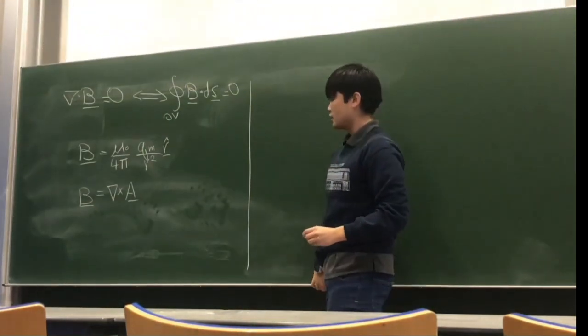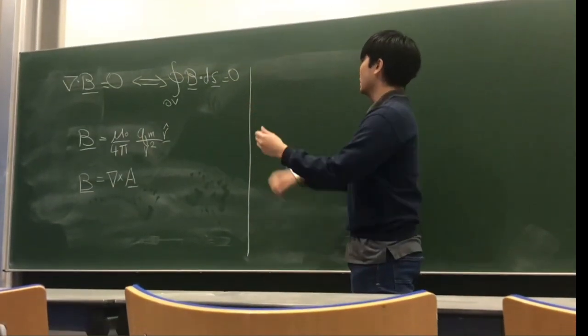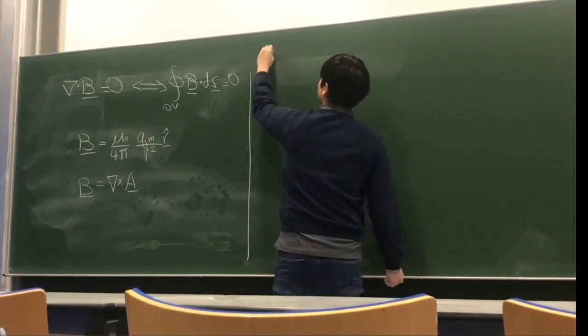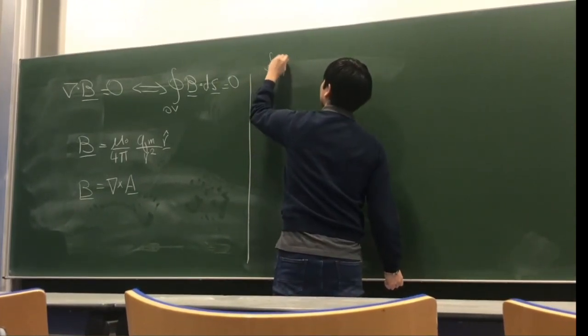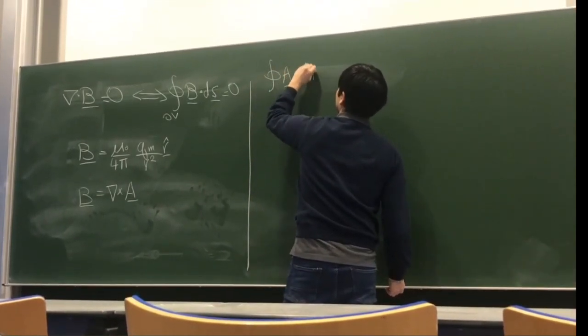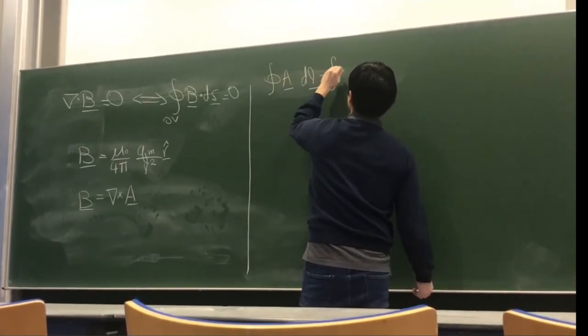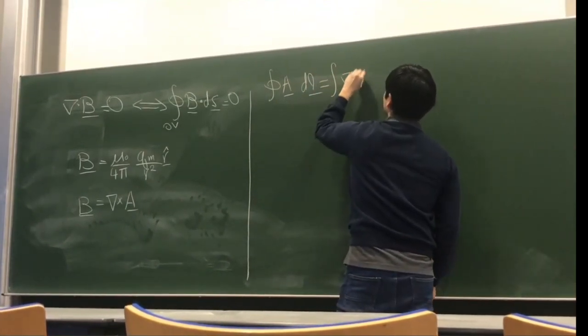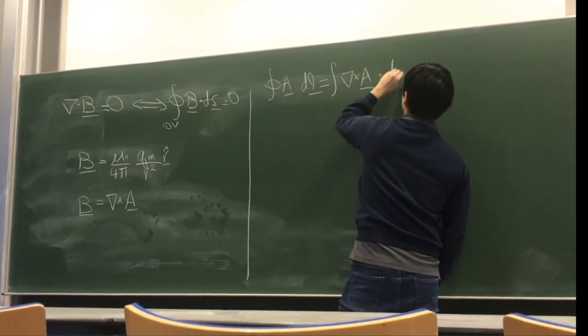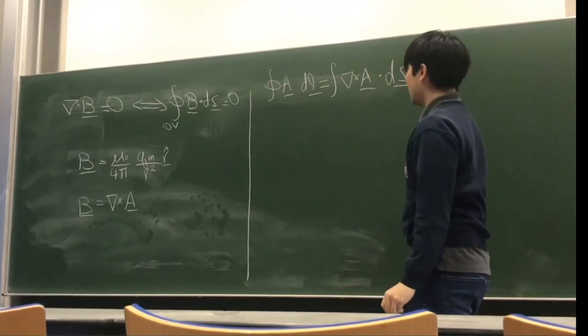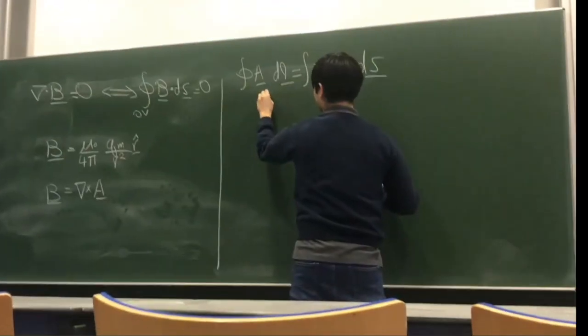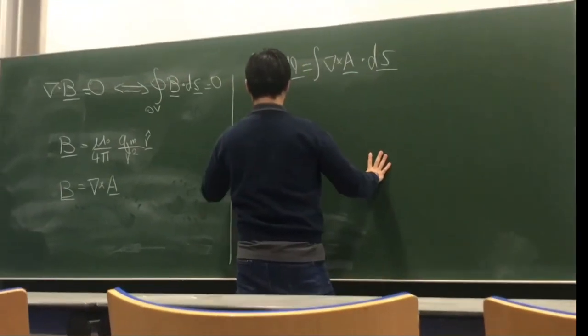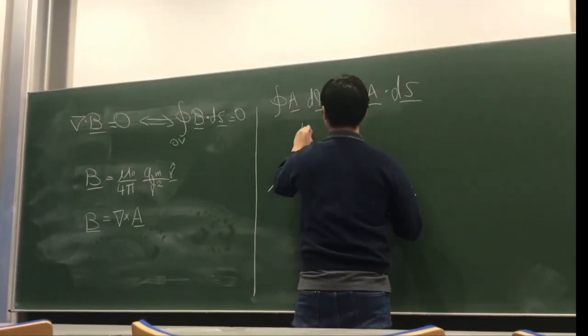So we're going to need to take the curl in polar coordinates, and it can be easily done using this identity. Okay, so there is that.